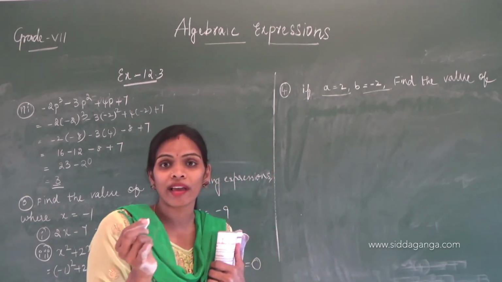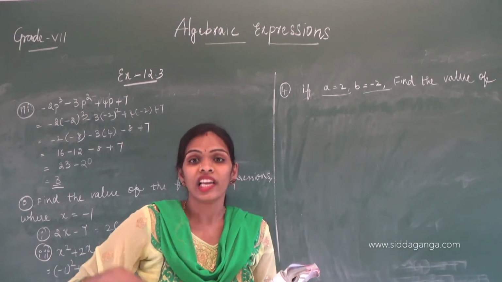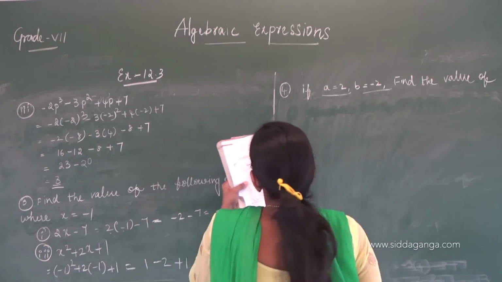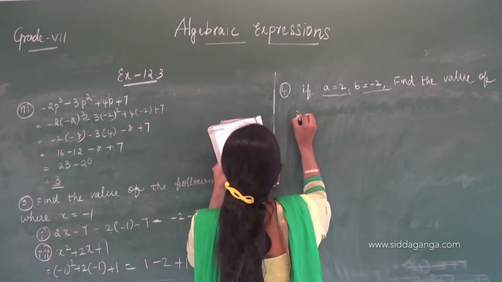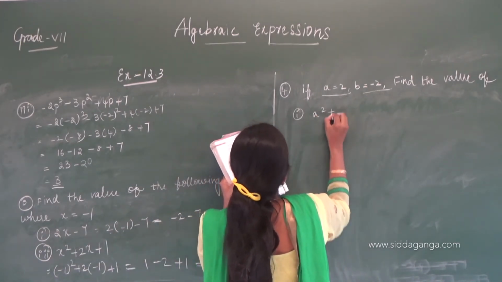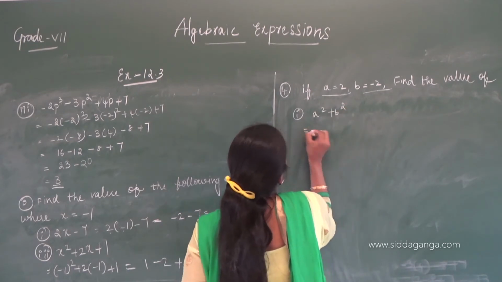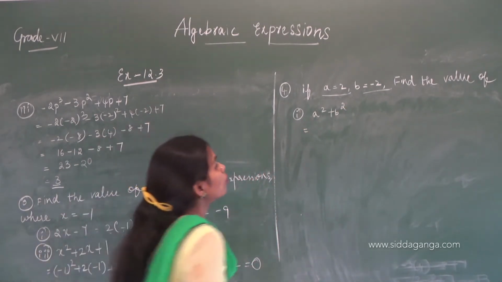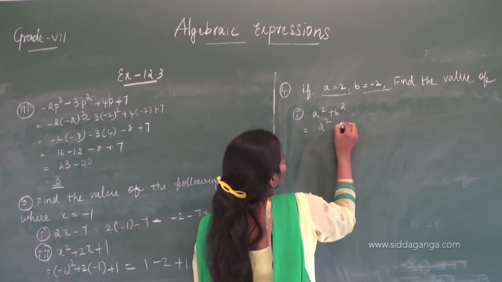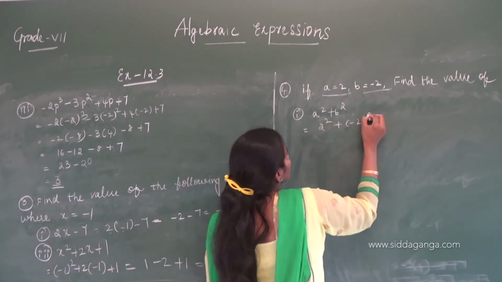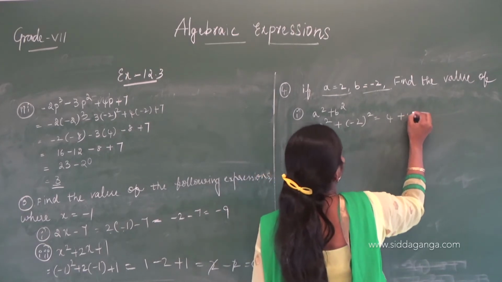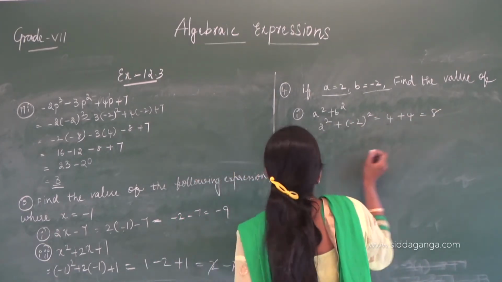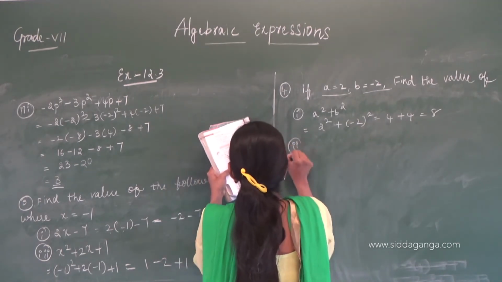We have to substitute the values of a and b in the given expressions and find their values. First, a square plus b square. We all know a square means a into a, b square means b into b. 2 square plus minus 2 whole square. 2 twos are 4, minus 2 into minus 2 is 4. 4 plus 4, 8.